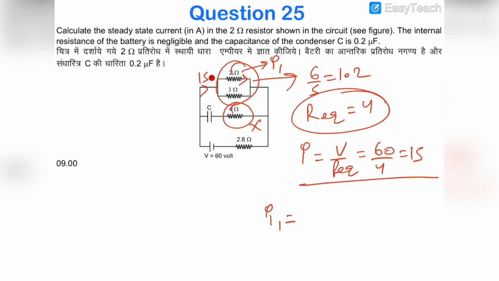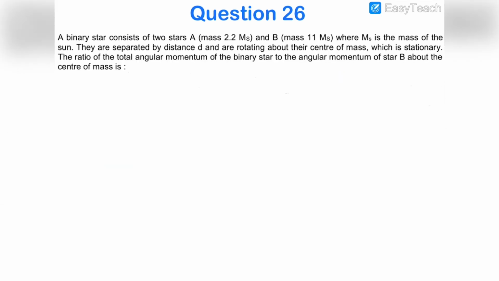We have to divide this 15 into 5 equal parts, so one part would be 3, and the current flowing through this resistance is decided by the neighboring one, so there would be 3 parts flowing through it, so 3 parts would be 9. So the correct answer is 9. So I1 is 9. Okay, now let's move on to the next question.